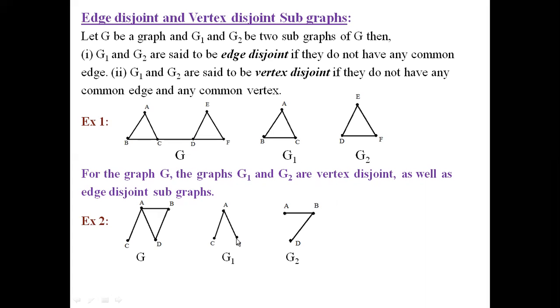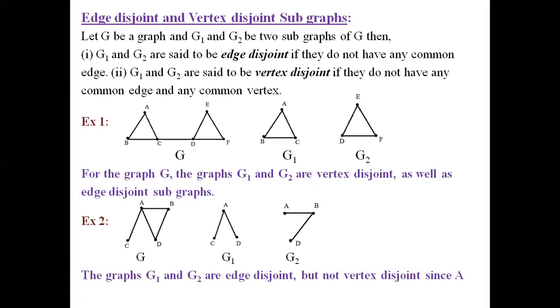Between A and D there is an edge in one graph, whereas there is no edge between A and D in the other. A to C there is an edge, but there is no vertex C considered at all here. So G1 and G2 are edge disjoint, but not vertex disjoint, since A and D are the common vertices in G1 and G2.